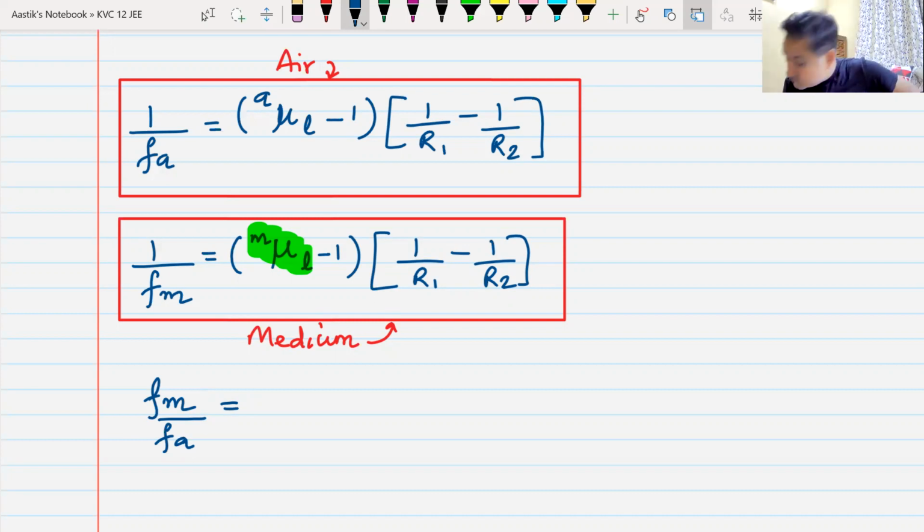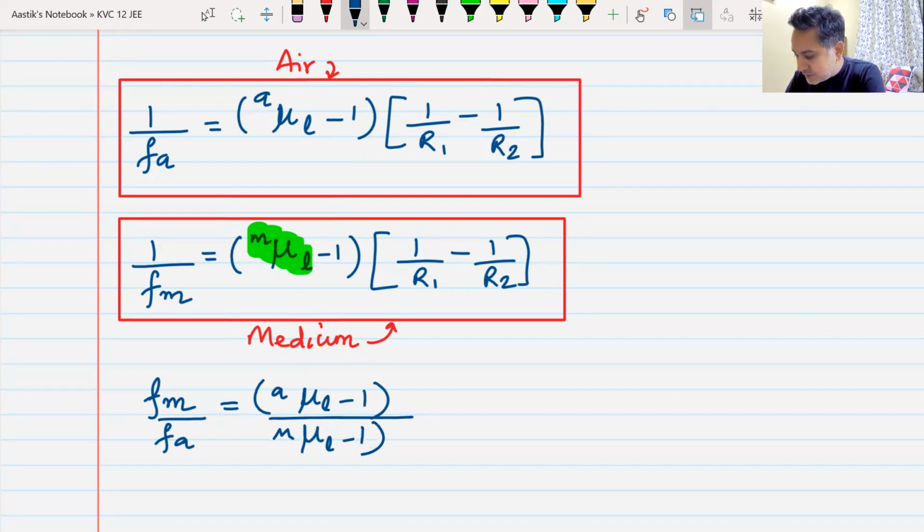Is it so difficult? Mu L minus 1 by mu L minus 1. Okay, so the refractive index of the lens with respect to air will go on the top, and the refractive index with respect to the medium will come at the bottom.